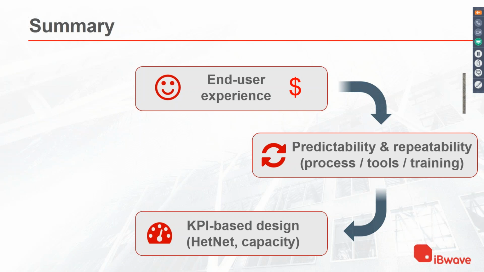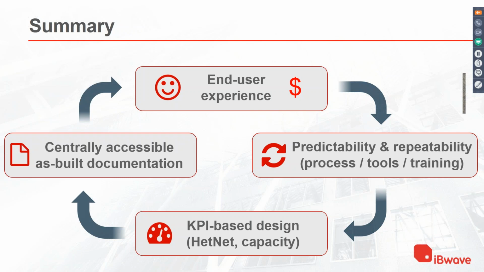So that's really key. And then last but not least is to make sure that you've got centrally accessible documentation, ideally as-built documentation that can then be accessed by other people at later points in time to do whether it's installation or troubleshooting or upgrades or whatever the case may be.